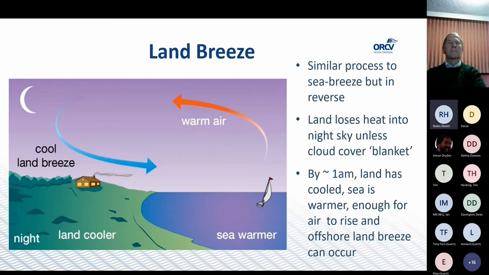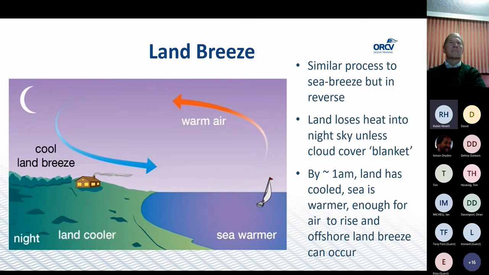And the reverse process is the land breeze, which is very, very similar. The land is starting to cool, but there's been some warming in the sea.